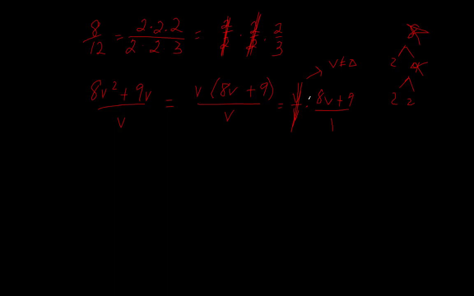But we have to assume v is not 0 to say these two things are equal. If v is 0, these things are not equal at all, because this would be 0 over 0, and this would be 9 if v was 0. So that's not equal. Okay, so anyway, right now what we have is 8v plus 9.